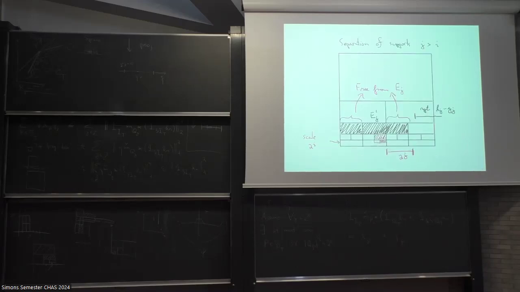And here is still somehow a schematic picture of how these things look in this latter case. So if we have scale 2 to I, we are projecting to time frequency boxes whose intervals are, say, one of these red ones.